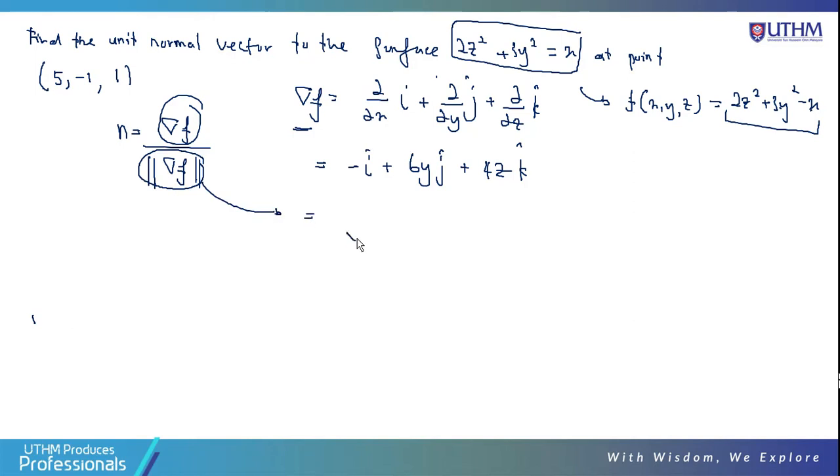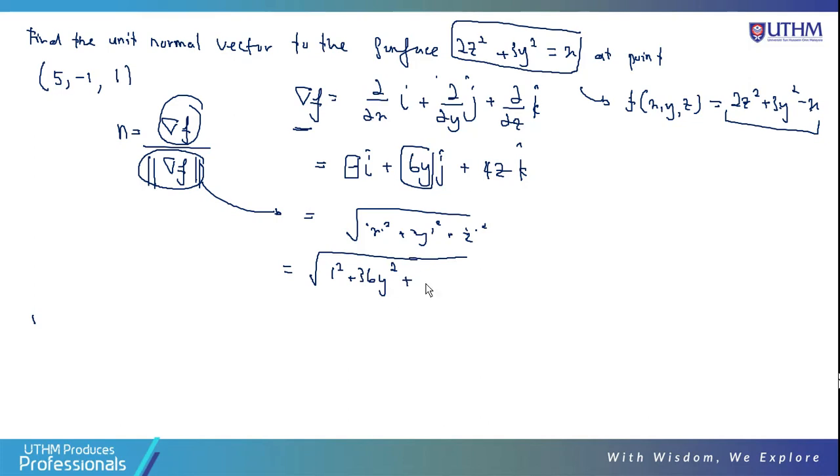So this one equals, for the x component squared plus y component squared plus z component squared. So here there's just 1, 1 squared. Here there is 6y, 6y squared, so 36y². Plus 16z², 4 squared is 16.